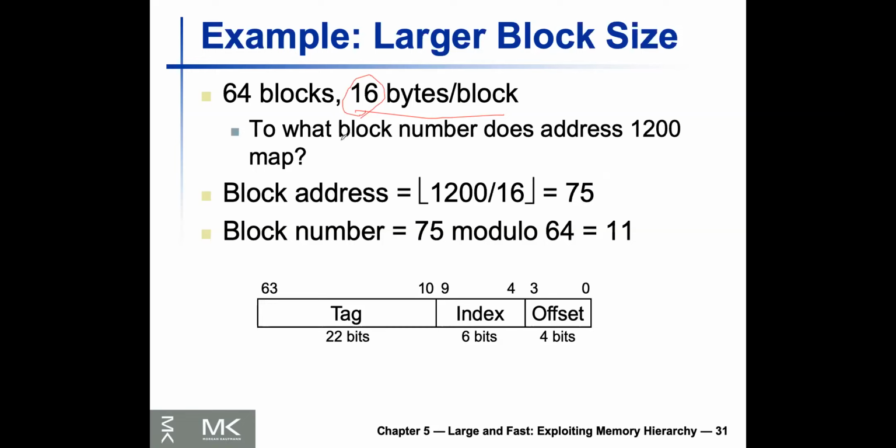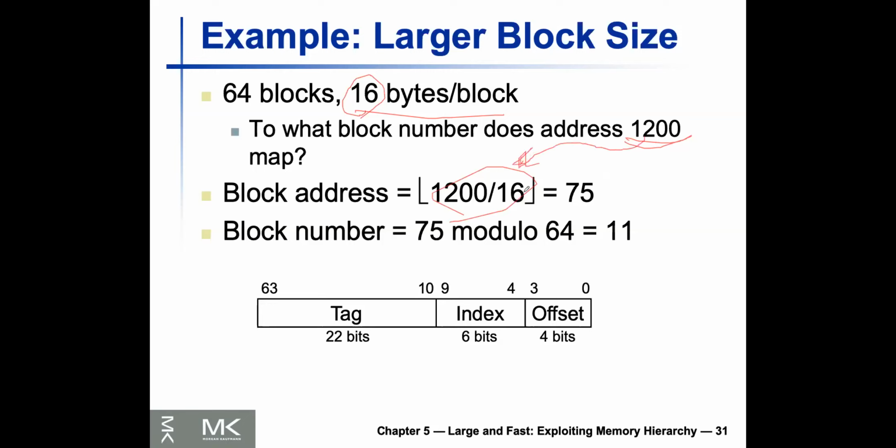Since each block is 16 bytes, you have to divide 1200 by 16 to understand what block address it is, which is 75. So that determines what block number 1200 maps to, okay?